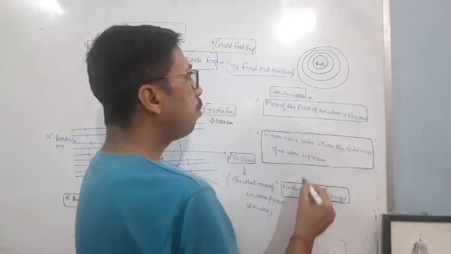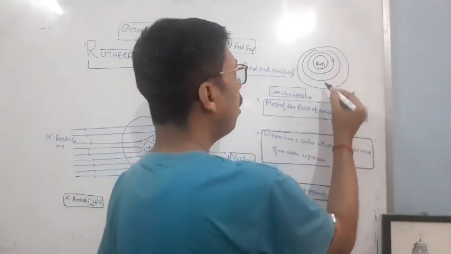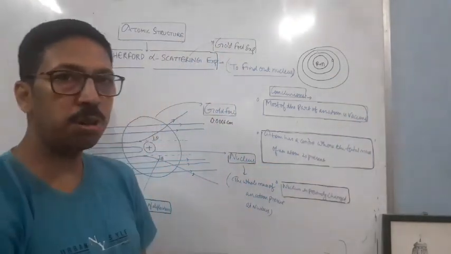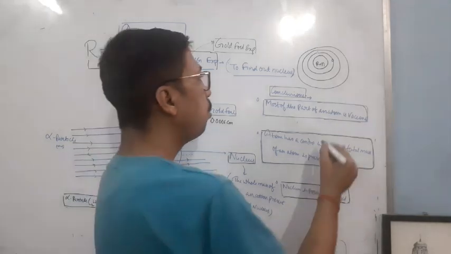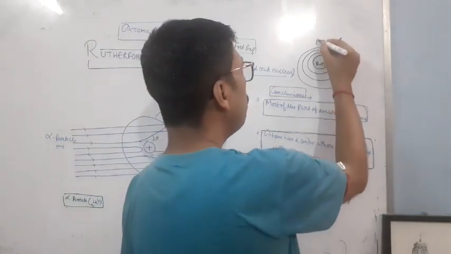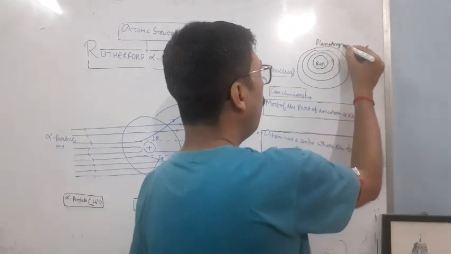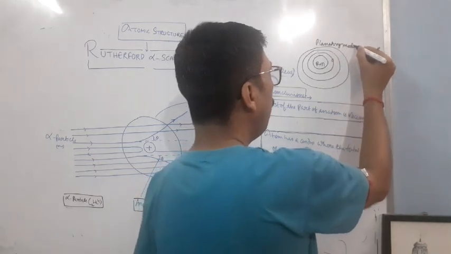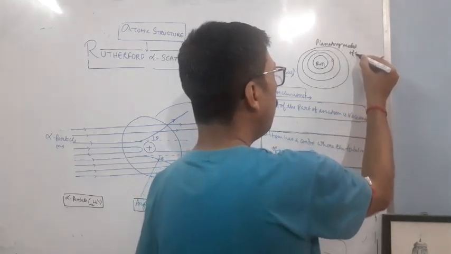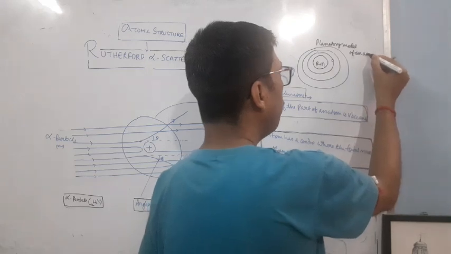In these circular paths, electrons are revolving around the nucleus. So this is also known as the planetary model of an atom.